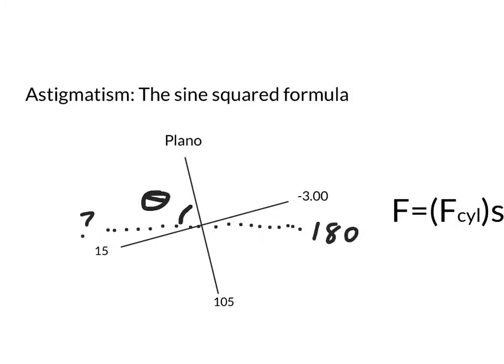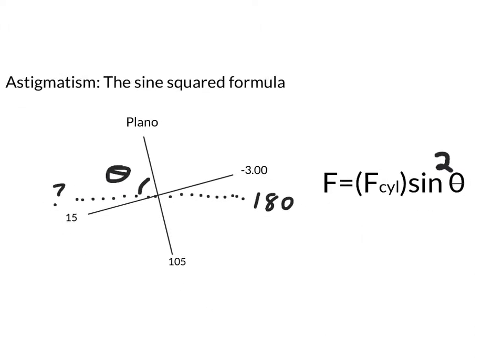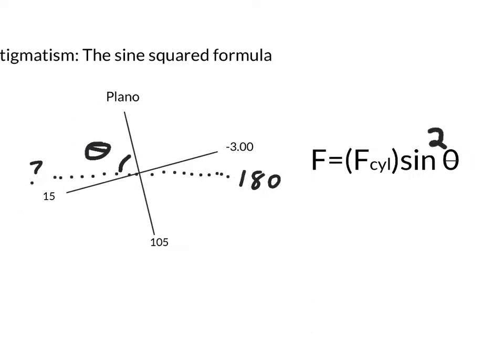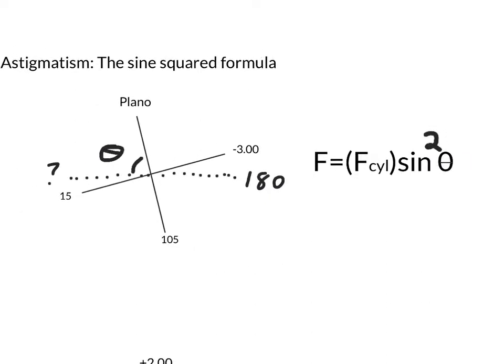So let's go ahead and calculate the power of the 180 degree meridian. Let's plug it in. The power of the 180 degree meridian, F, is equal to -3 times sine of theta, which is again this angle right here, which turns out to be 75 degrees.